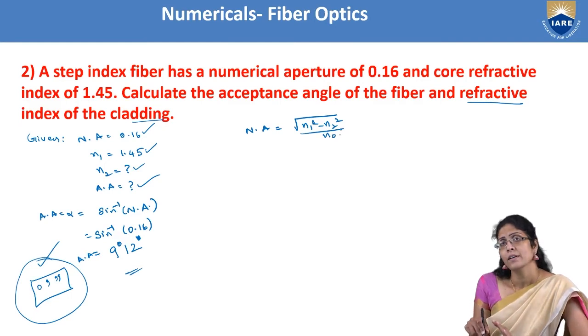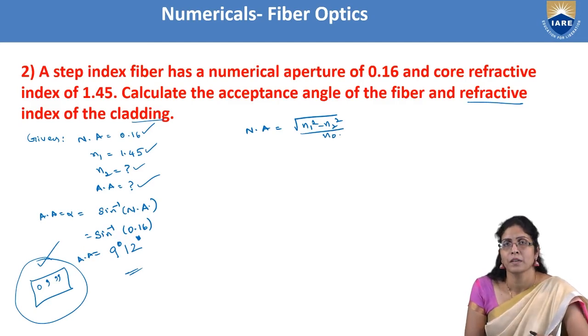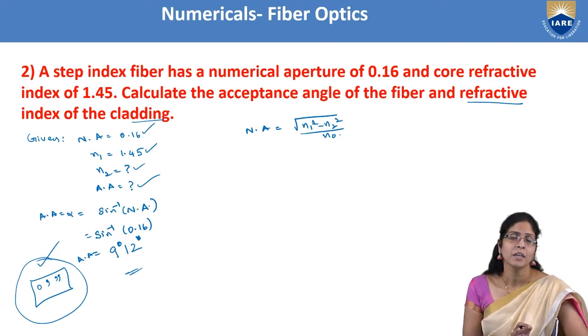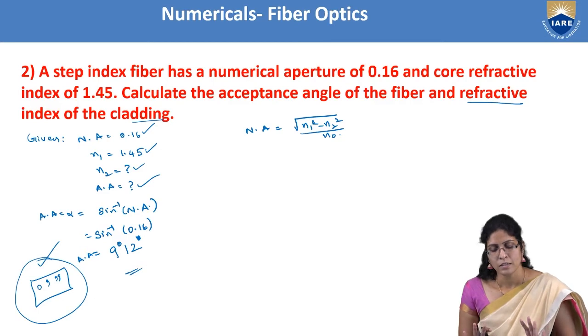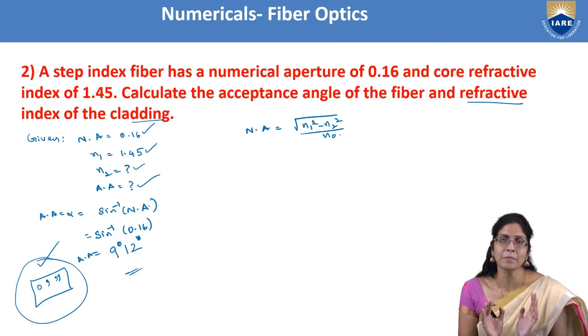When you consider this formula, you have to look whether N0 is given or not. Suppose in your problem, when you are asked the numerical aperture, the medium is not mentioned. That means the medium is air. Take it for granted that the medium is air, and in air, the refractive index is 1.